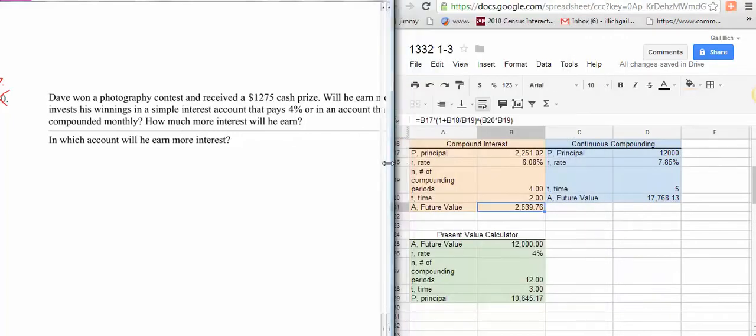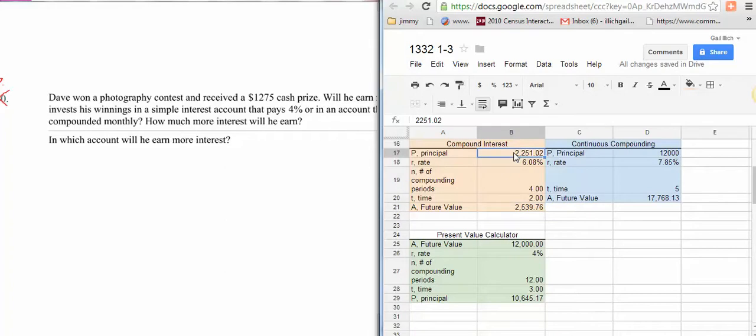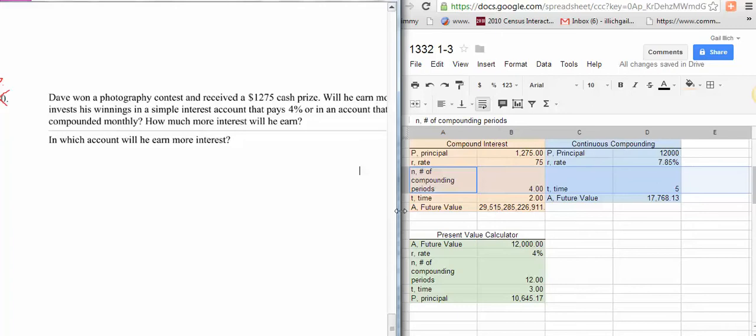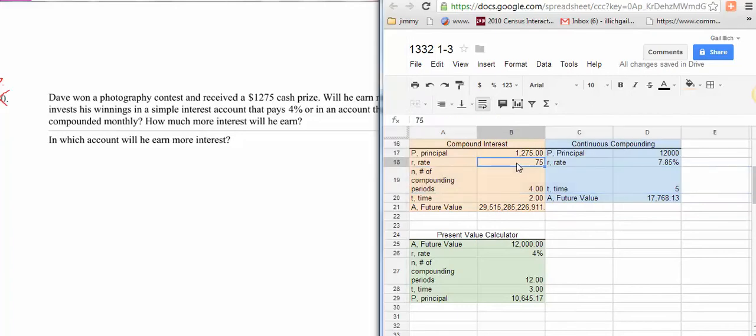So I'm going to come in here. His principal is $1,275. Okay, come on, little thingy. All right, 1,275. His interest rate is, what was it? 3.75%. The number of compounding periods was monthly, so 12.